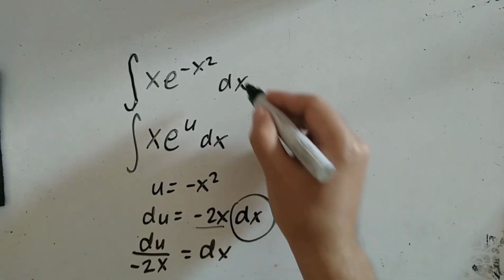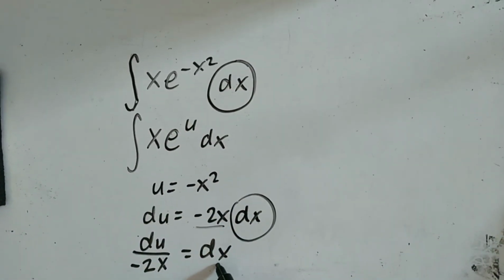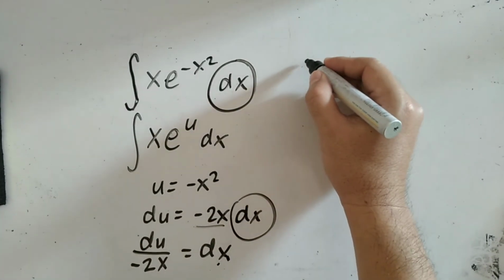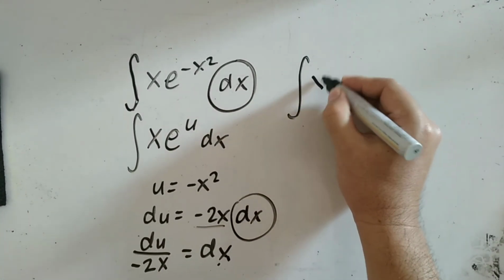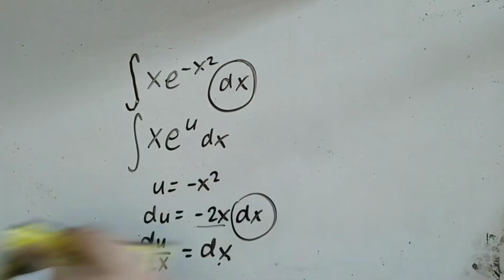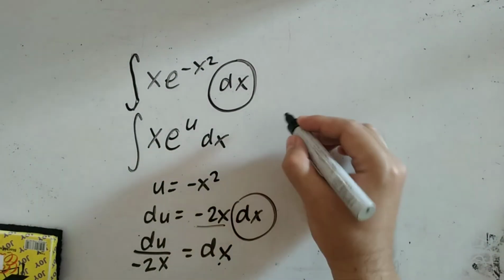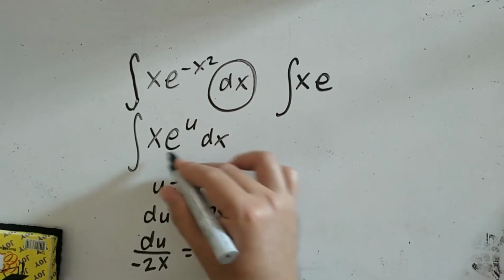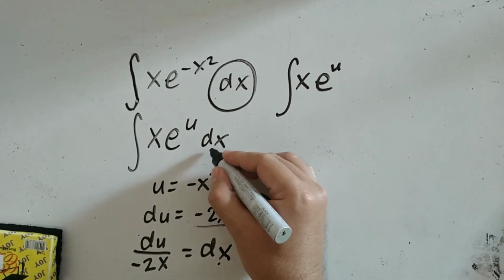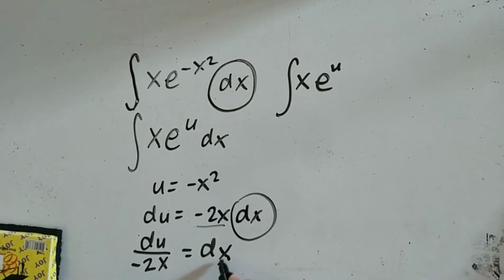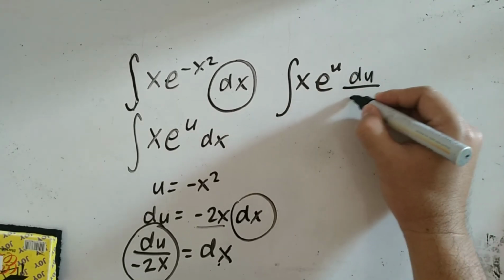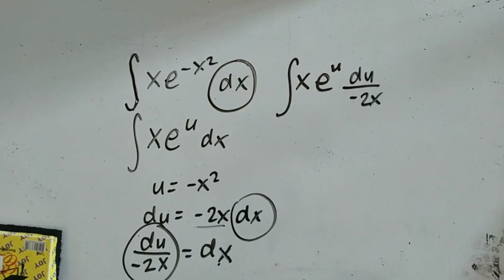And we substitute dx here. So we have now integral of x e to the u. Instead of placing dx, since this whole expression is equal to dx, we substitute it here. So du over negative 2x.